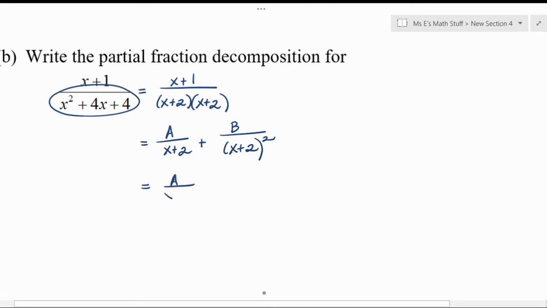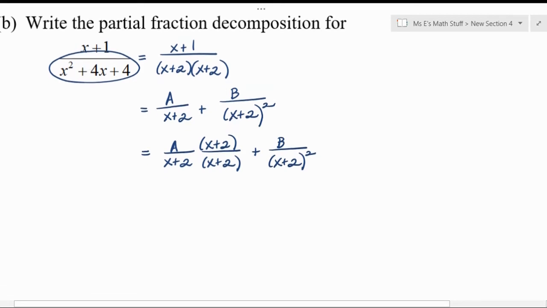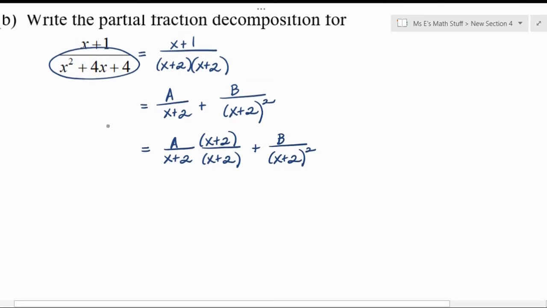You'd take a over x plus 2, and you would only need to multiply that by x plus 2 over itself. And then what would you have to multiply b over x plus 2 quantity squared by? Well, the answer is nothing, or 1, I guess. But it's fine. It already has the denominator you're trying to get it to have.